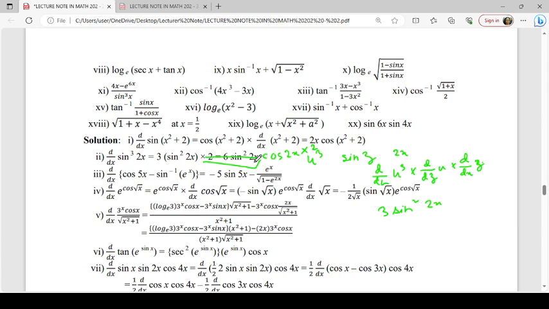So actually this result is wrongly written, this result is 2 into 3, it is 6 sine square twice x into cos twice x.